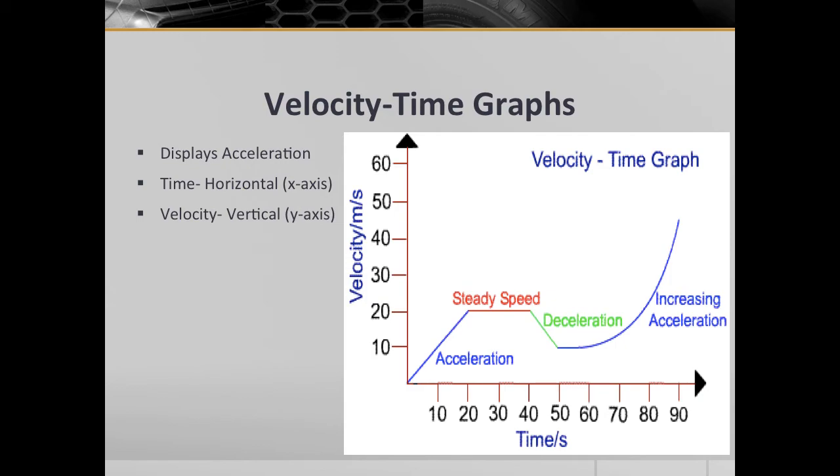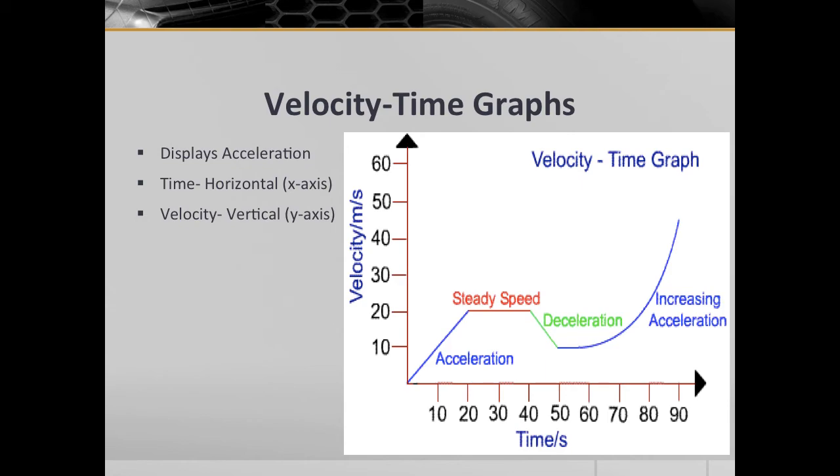The first blue line that's going up steadily at a constant rate means that it is accelerating, it's gaining speed. Then the red line that says steady speed means it has leveled off, it's traveling at the same speed over a period of time. It does not mean that it has stopped. It means that it has a steady speed.